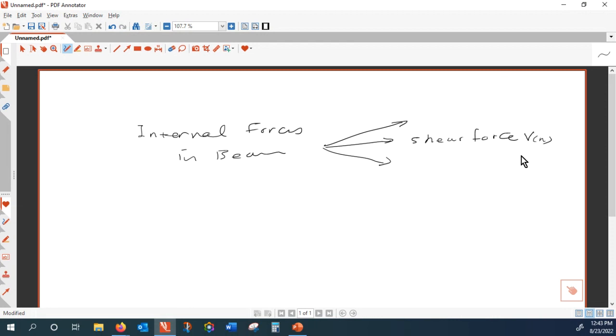So X emphasizes the point that the shear force is not constant. The shear force, generally speaking, does change through the axial direction of the beam.